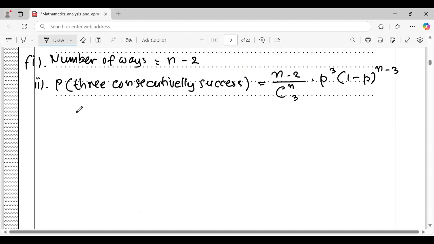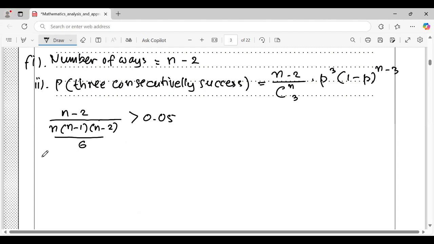And through this probability, we can state that n minus 2 over this combination, which is n times n minus 1 times n minus 2 divided by 6, greater than 0.05, according to the information.